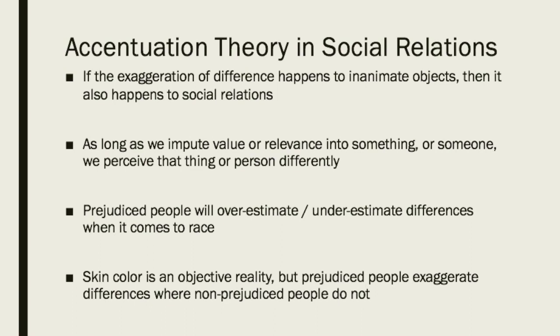Skin color is an objective reality, but prejudiced people exaggerate the differences between races in a way that non-prejudiced people do not. It's curious, isn't it? We can make inferences about interpersonal and intergroup relations based on a set of experiments asking people to estimate the length, height, and size of things.